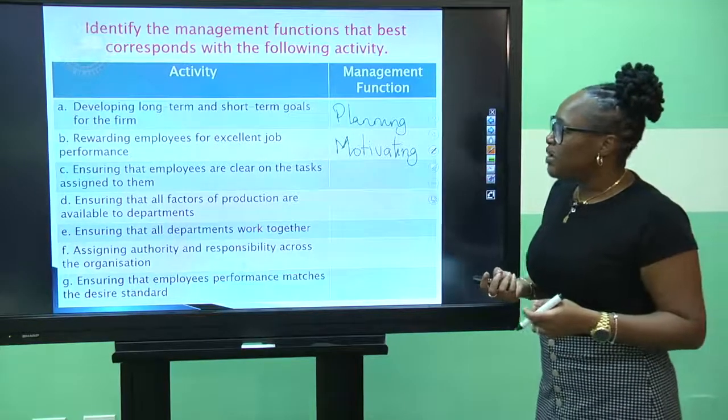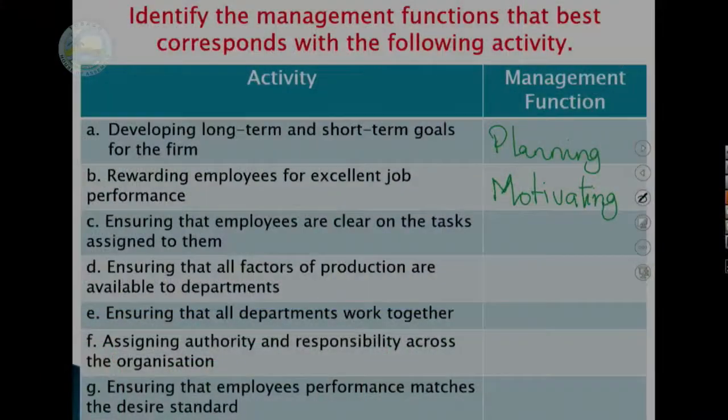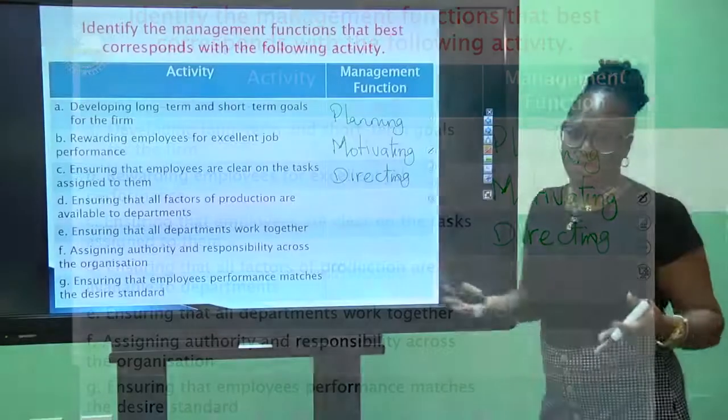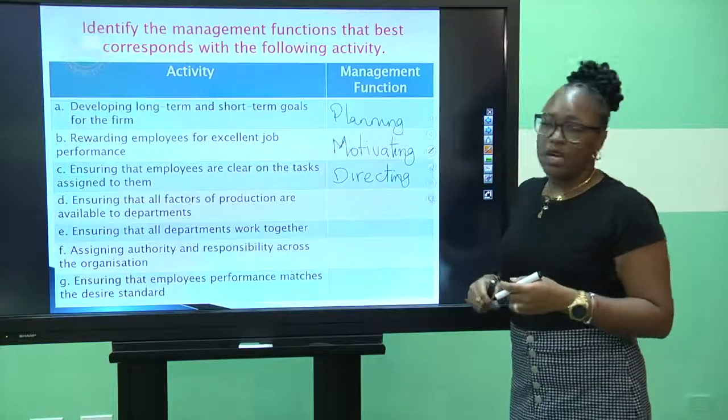Okay? Number 3, or C, ensuring that employees are clear on the tasks that are assigned to them. And this one is directing. So ensure you give clear information, like the information given on your activity.